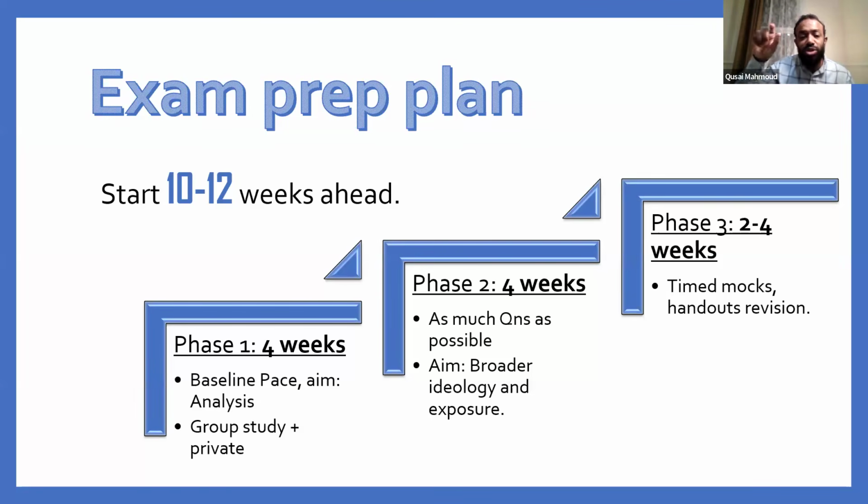Phase 1, which is 4 weeks, you need to go on a baseline pace, which is a slow pace. Don't worry. The aim is to analyze the questions. You are creating your own curriculum. You are teaching yourself. You are just deeply learning now. This will take 4 weeks. Go through the foundation papers, Oxford if you could.